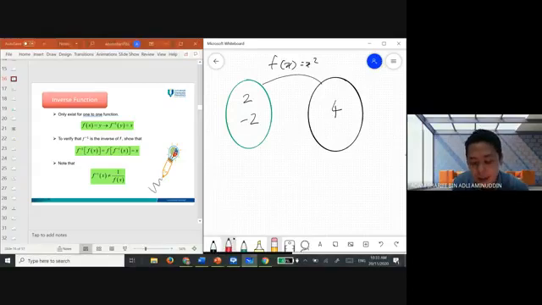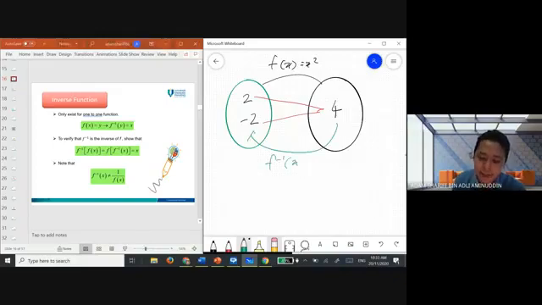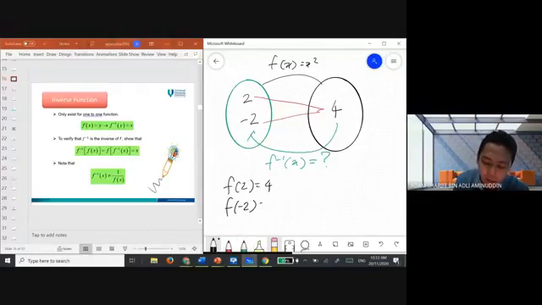Bayangkan kalau saya assign 2 to 4, 2, negative 2 also to 4. Inverse function dia terbalik arah. Tapi apakah inverse function dia? This is definitely again not one to one. Cuba saya visualize kalau F kat sini, F2 becomes 4 and negative 2 becomes 4. What is F inverse 4?